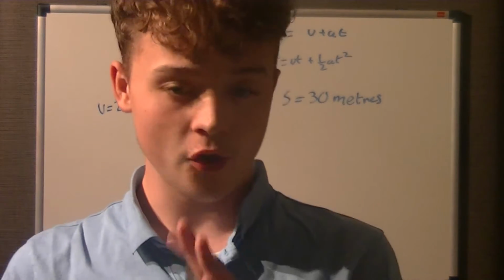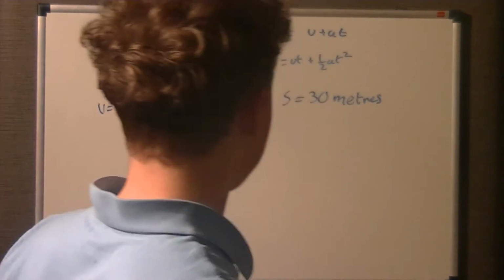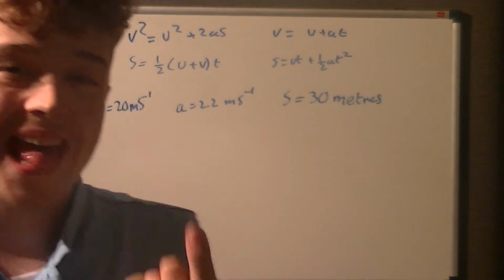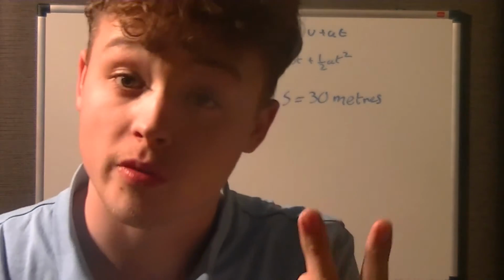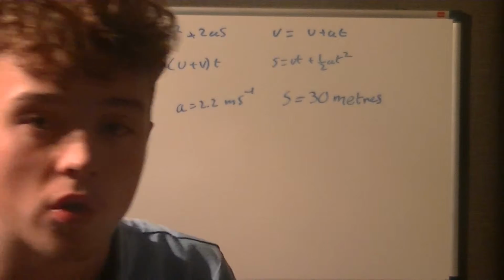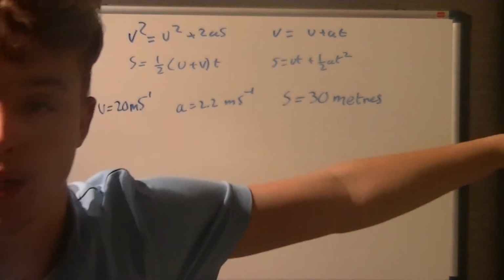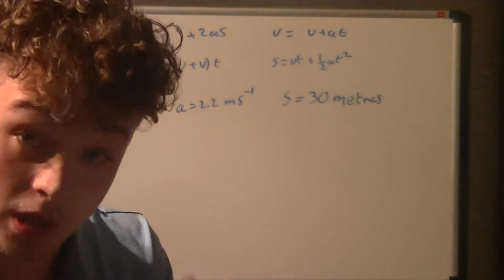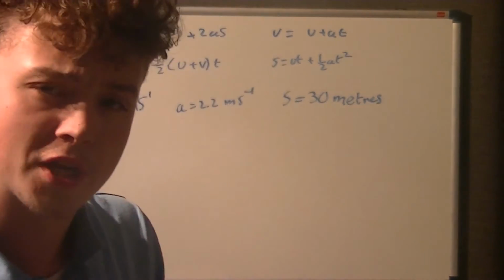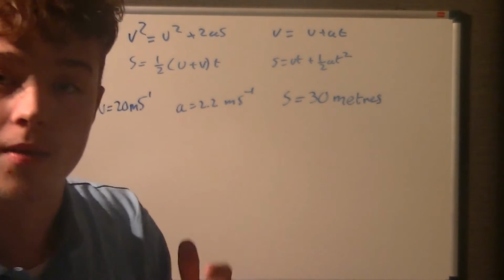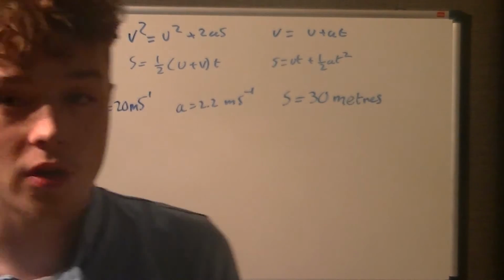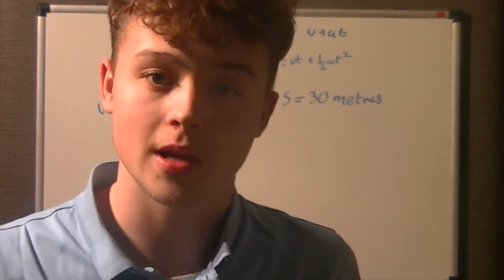You could have 4 pieces of information, but if you only need U, A and T, say you've got S, how far it's gone, the initial velocity, the acceleration and the time, you don't need to find one that has all 4 in it, because they will all give you the same answer as long as you have a sufficient amount of information to help you. So if you had U, A, T and S, you could use the equation for V to find the final velocity, even though you're not using S, because it's just something else you're given.